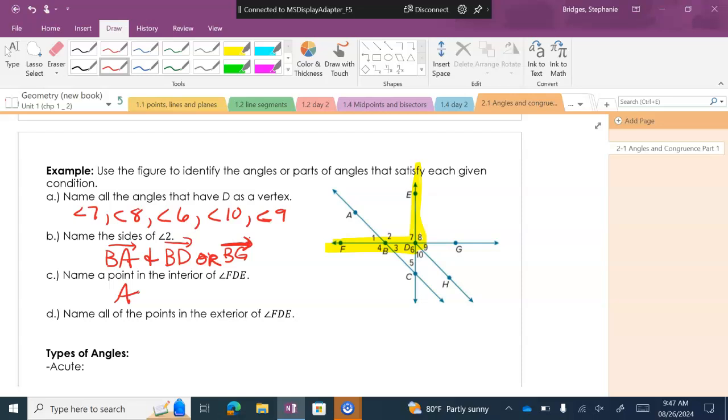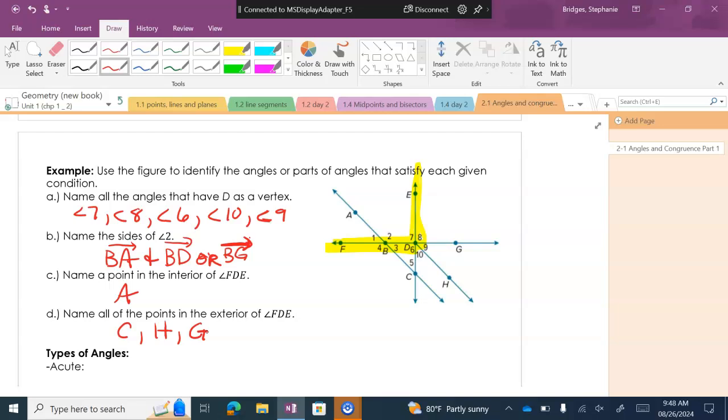What points are they? C, H, and G, yes. Those are on the outside. F, B, D, and E are on the angle, but C, H, and G are on the exterior.